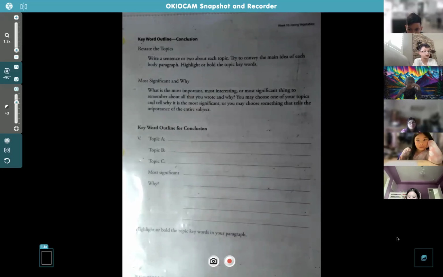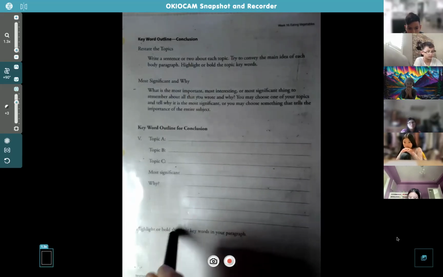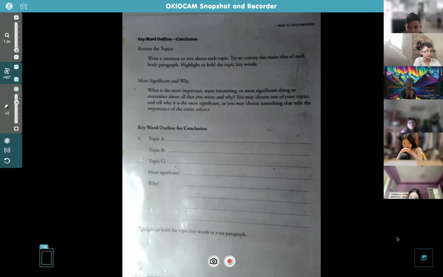The last paragraph you're going to write is actually the introduction, which is ironic because the introduction is the first thing you read. But that's the order in how we do this. So we already did the body paragraphs. We're going to work on the conclusion paragraph for your country. So just ignore that it's talking about eating vegetables. We're not going to write about eating vegetables. We're going to use this template for your country paper.